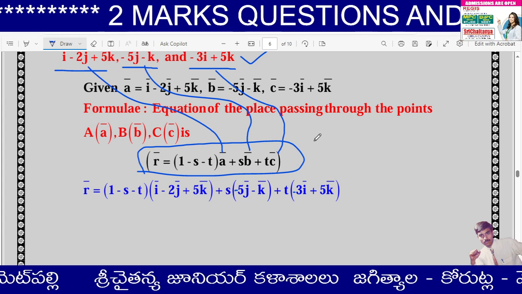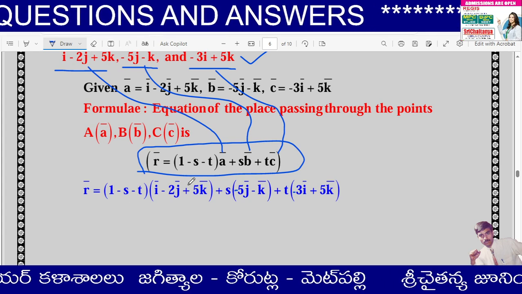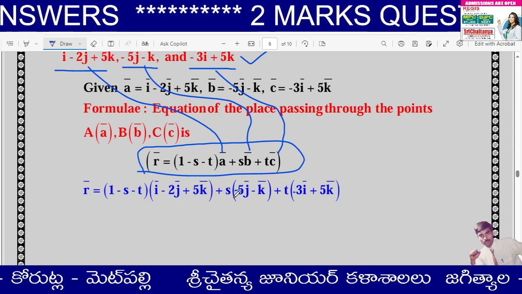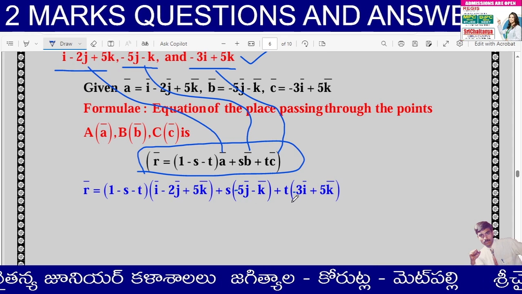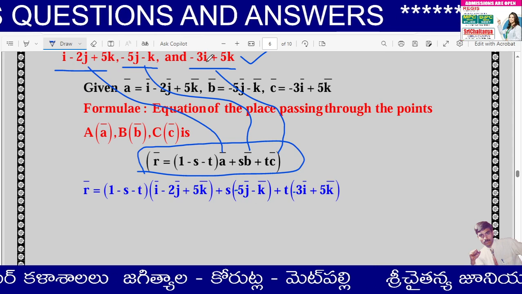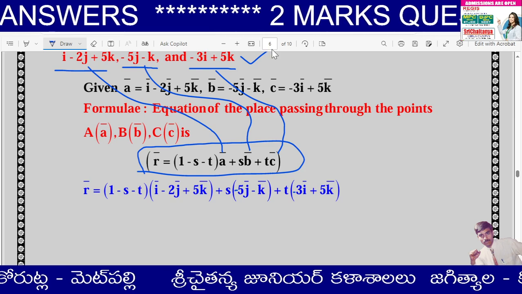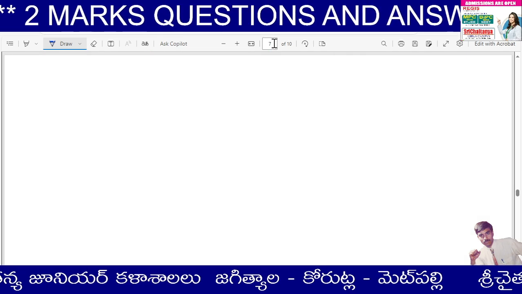So (1 minus s minus t) into i minus 2j plus 5k, plus s of the second vector, minus 5j minus k, plus t of the last vector, minus 3i plus 5k. That's the answer.